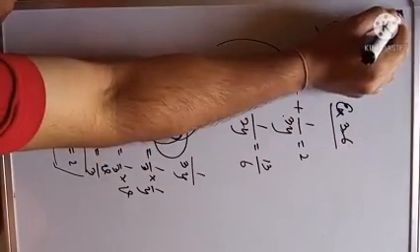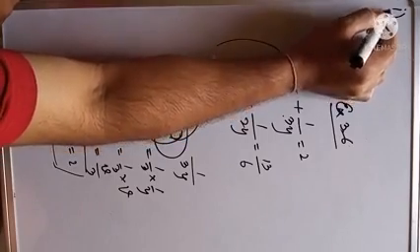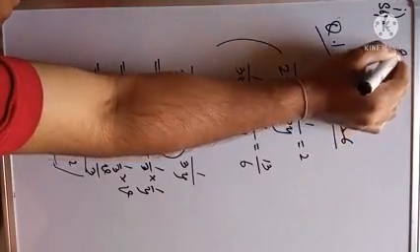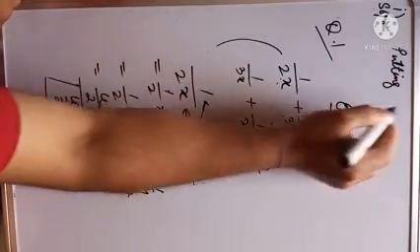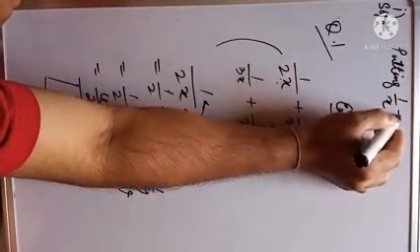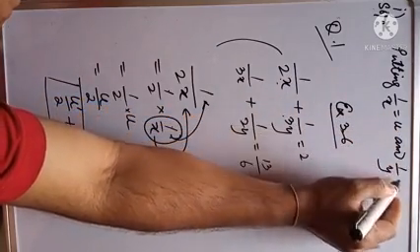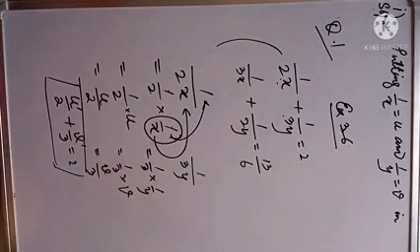So I'll give the solution from here. This is the solution for problem 1. I'll start like this, putting 1 by x equal to u and 1 by y equal to v in the given equations.